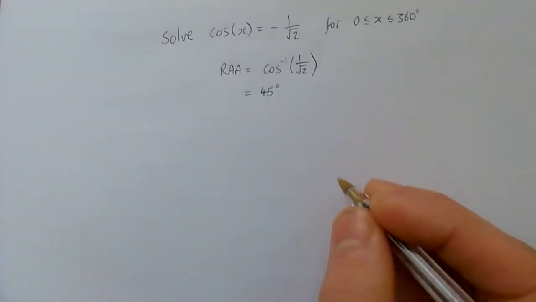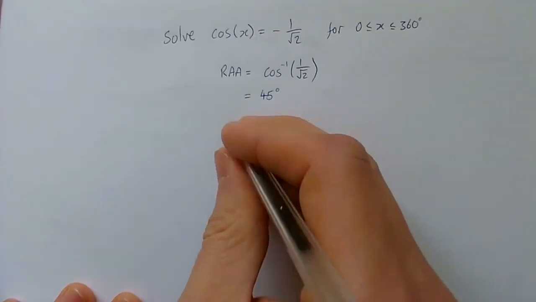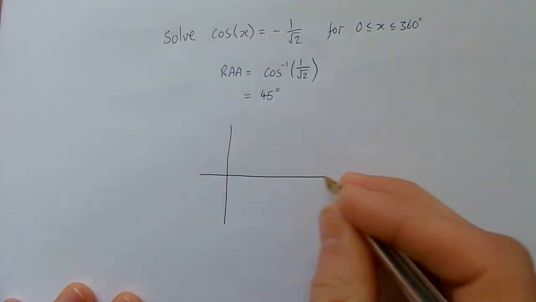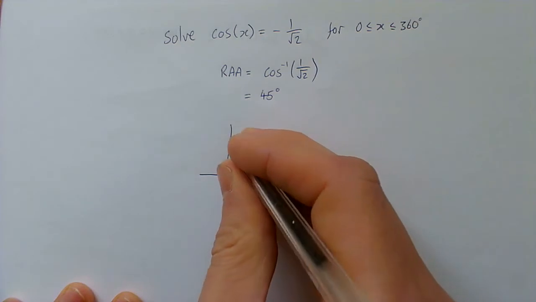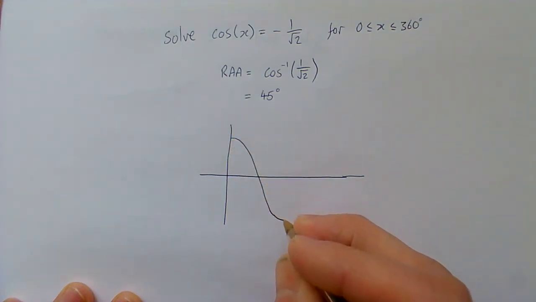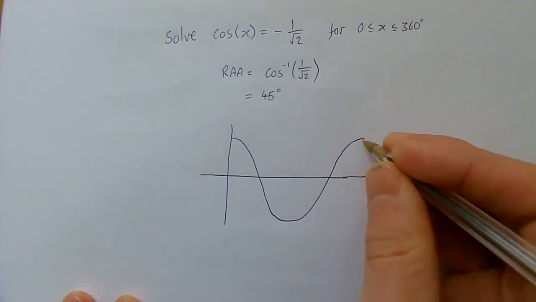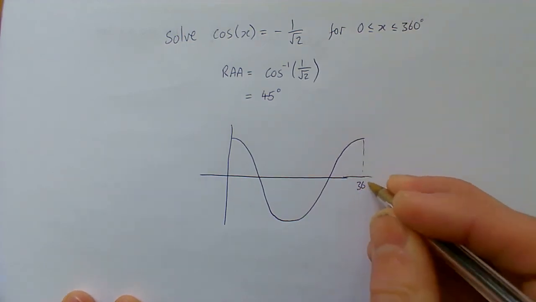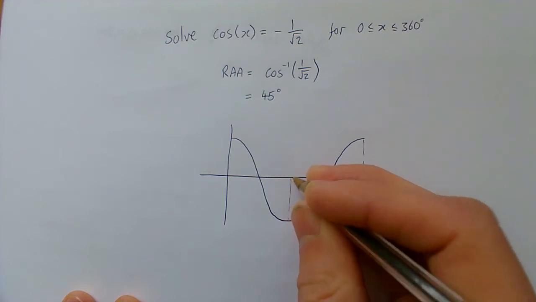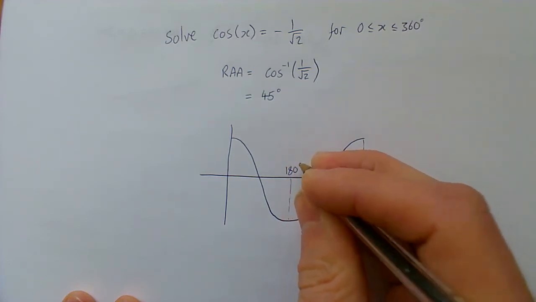Now for our two methods, let's do graphs first. Now this is where negative ones get tricky on the graph. And actually, it's one of the times where I think cast diagrams maybe are a little bit more obvious than what's going on a graph. Just labeling my graph up here.